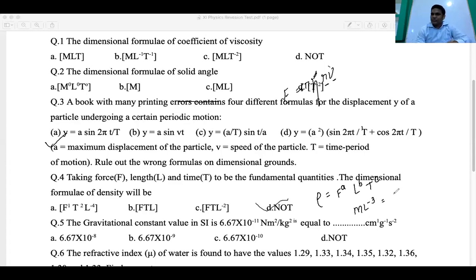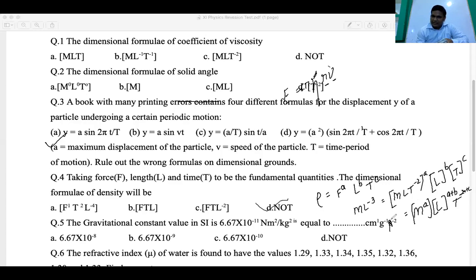Force is M L T to the power minus 2, raised to the power A. Length is L only with power B, and time is T only with power C. Now take the bases that are the same: M to the power A is equal to 1, L to the power A plus B, and T to the power minus 2A plus C.